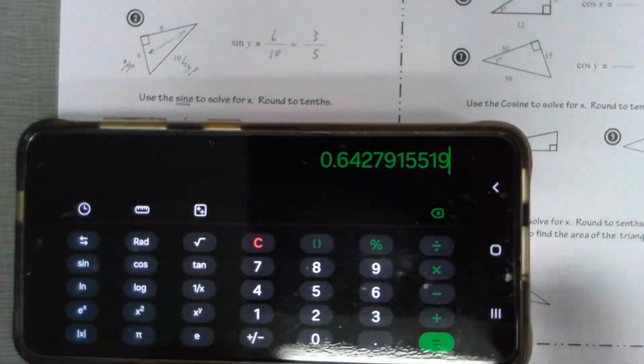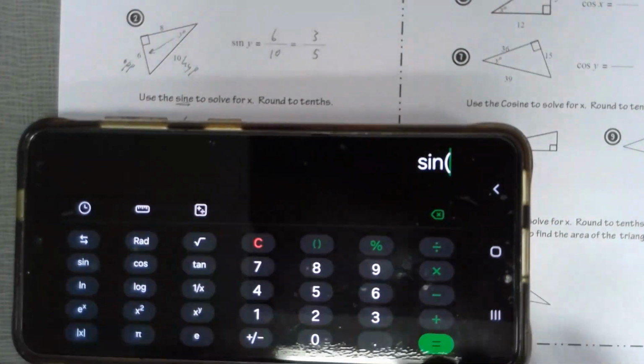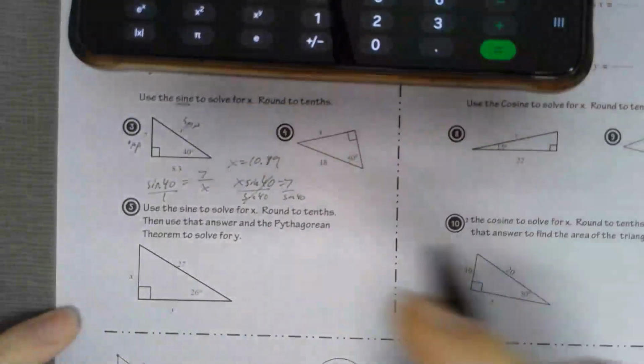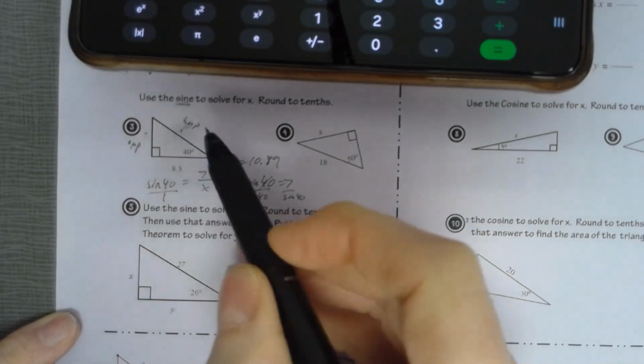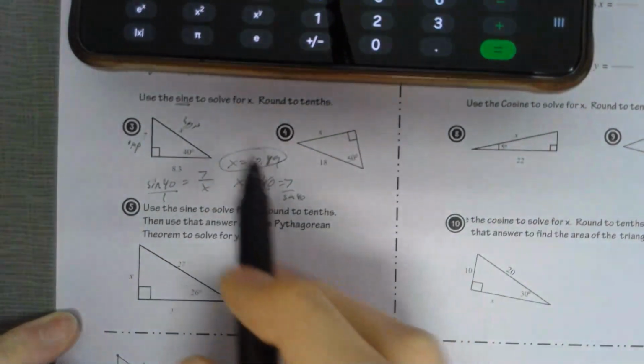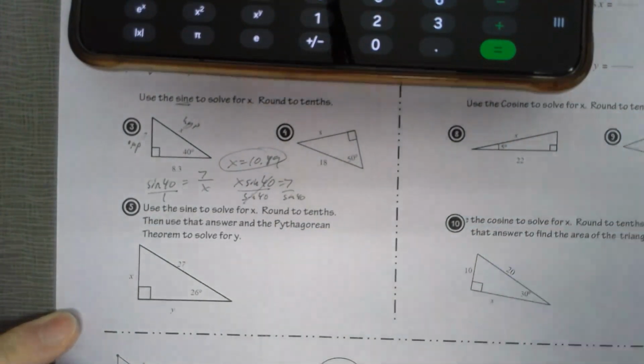And when we typed in the sine of 40, we also got the 0.64. So the ratio of the opposite to hypotenuse is equal to the correct sine of 40.